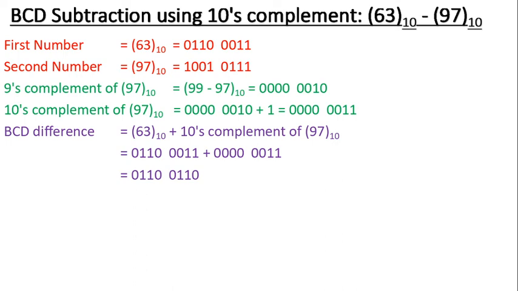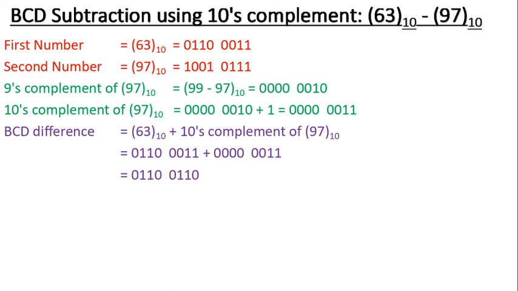Now you should not be confused that none of the nibbles of this particular result exceeds 9, which might suggest the operation is over. No, the operation is not yet over, because the numbers taken are 63 minus 97, which means my result is a negative result. So don't try to convert this BCD difference obtained at this step into its decimal equivalent.